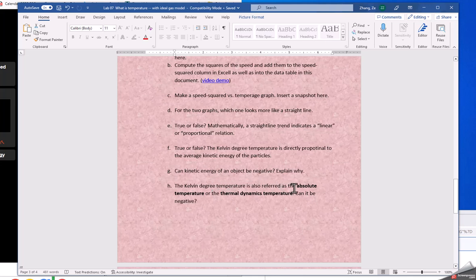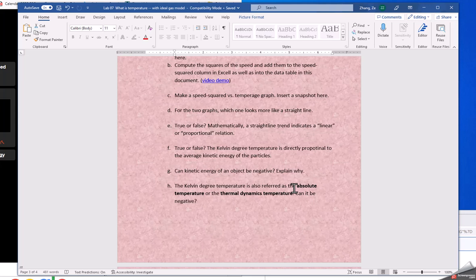People use absolute temperature very often, because in some other cultures and countries, they don't want to honor Kelvin, but just want an international temperature, so people call it absolute temperature, or the unit is called a degree Kelvin, and it's also called thermodynamic temperature. These temperatures are directly related to the kinetic energy.